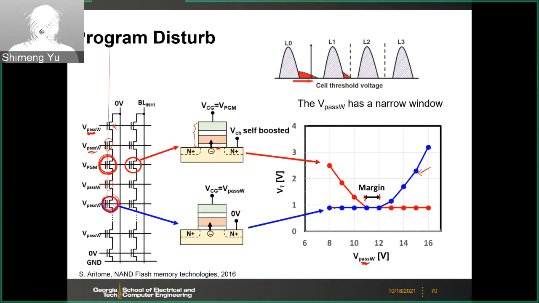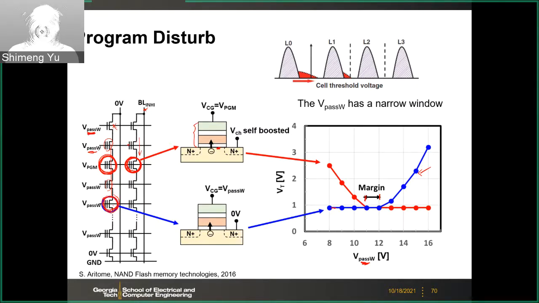It will not program. However, if the V pass W is too small, then this red cell on the same word line will have trouble. Because if the V pass W is small, as we discussed before, this inhibition voltage cannot be passed through here, or the self-boost efficiency will be low.